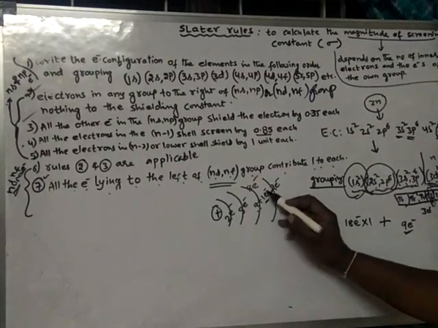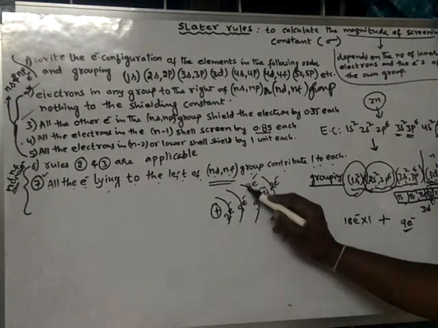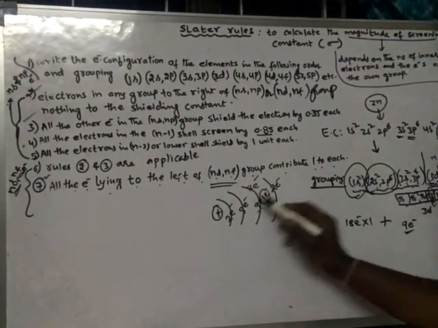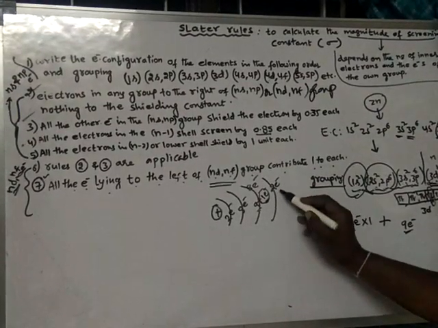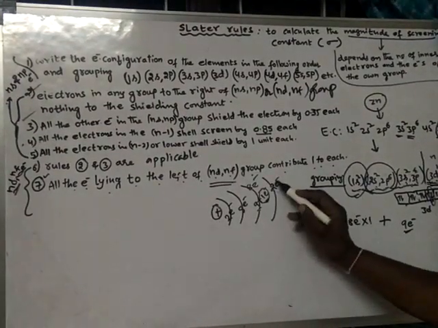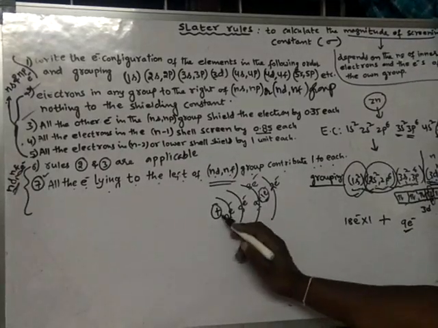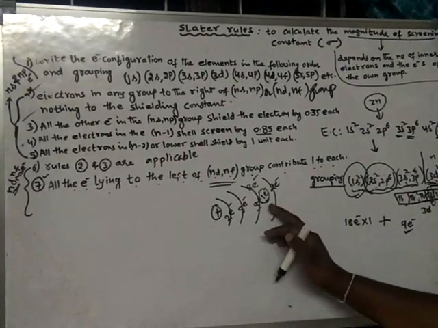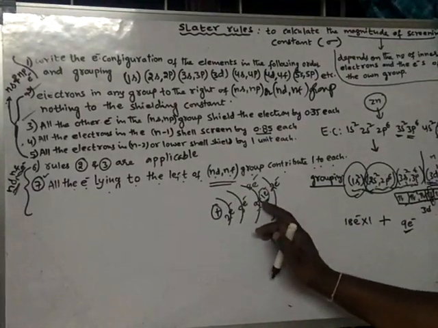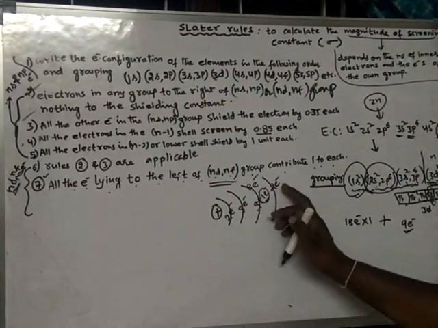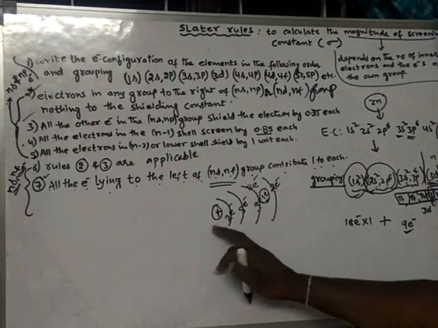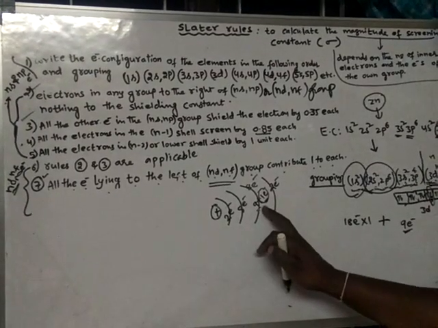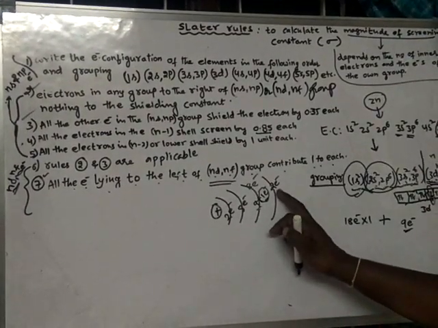So look at this particular electron. All these electrons will show a screening effect, but these 2 electrons do not, because they are not present between the nucleus and this particular electron. They are located away from it.